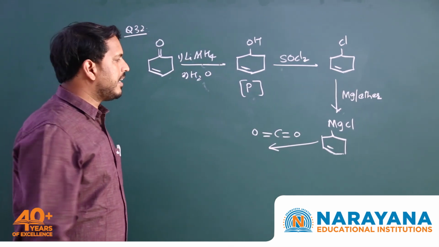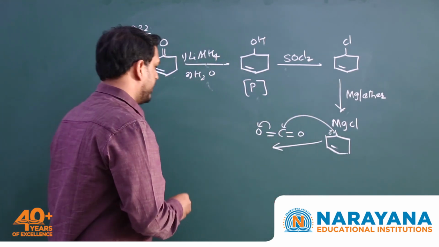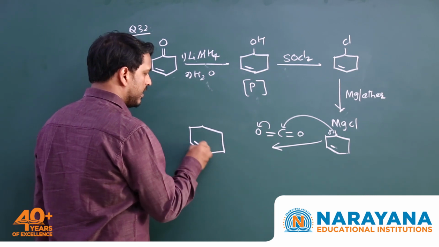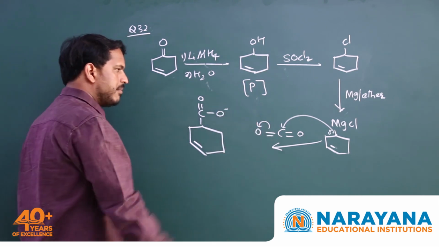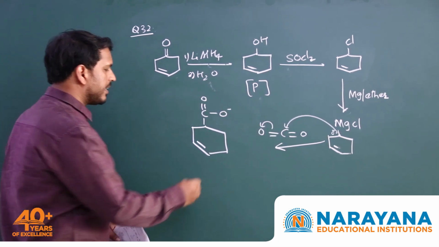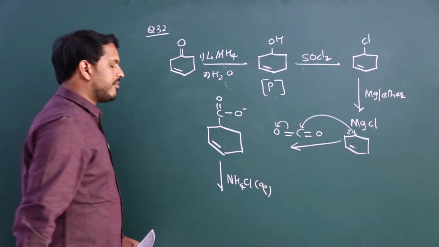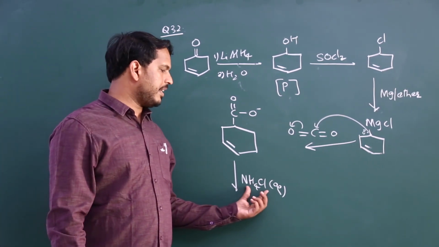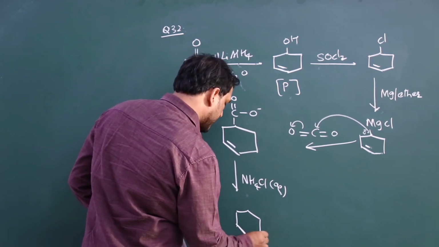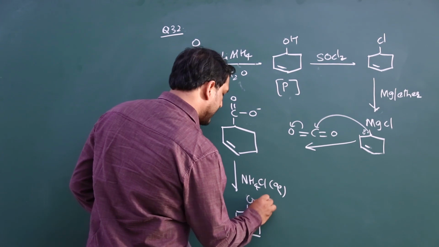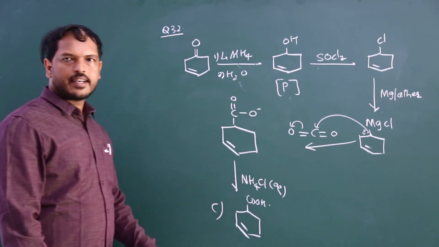Here the Grignard reagent shows an addition reaction on the CO2, so we get C double bond O minus, a magnesium salt, to which aqueous ammonium chloride is added. Aqueous ammonium chloride is an acidic solution. This will acidify the carboxylate salt, giving the carboxylic acid, COOH. This structure is given in option C. So C is the correct answer.